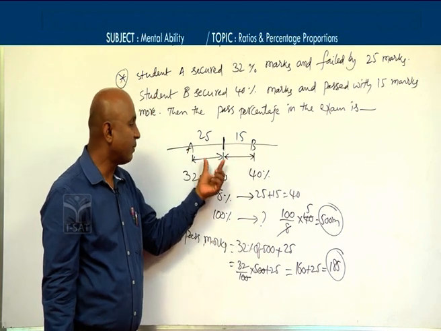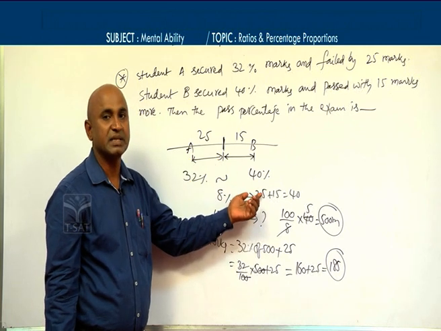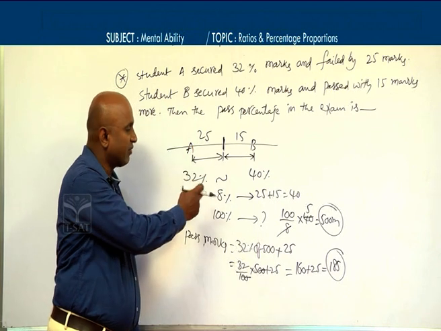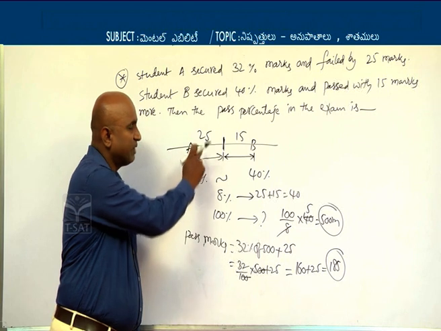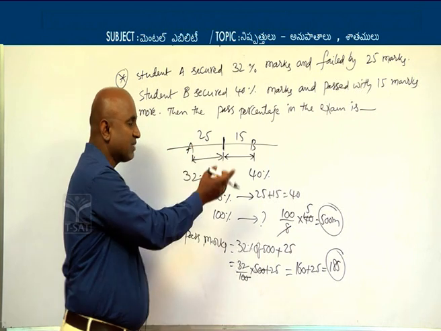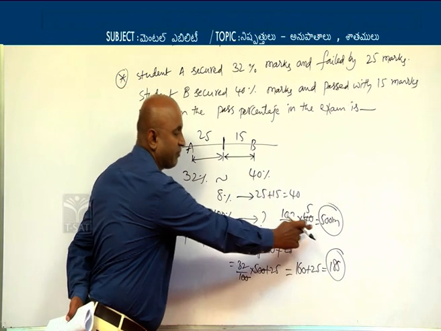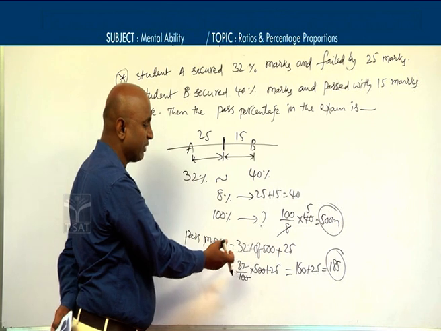That means the pass percentage is lying between 32% and 40%. Now the pass marks of A or B is equal to 32% of total exam plus 25 marks. Similarly, otherwise, the pass marks is equal to 40% of 500 minus 15. In both the cases, anyone we can take.